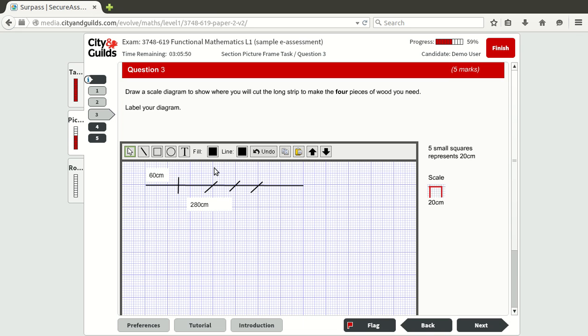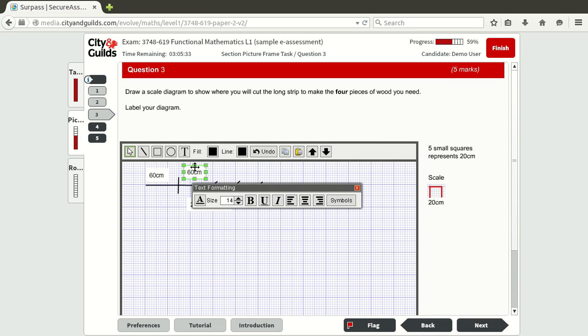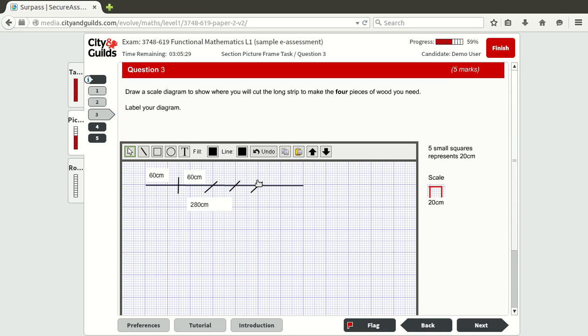Then we can just continue to label. So one is also 60 centimeters. Then I know that my left and right would be 40 centimeters.